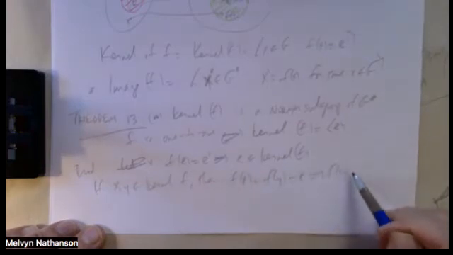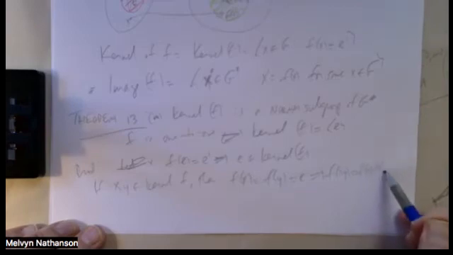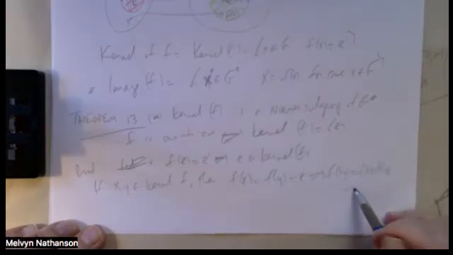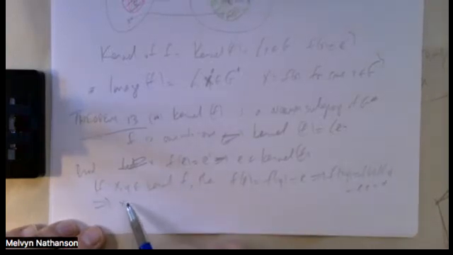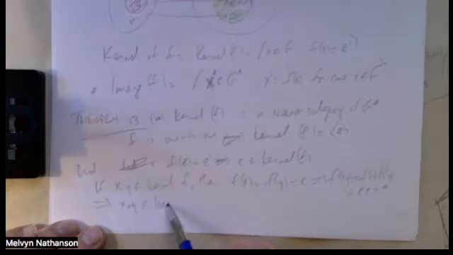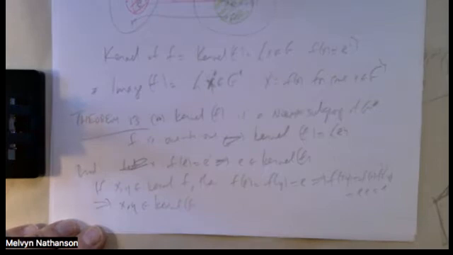So F of XY is F of X times F of Y. That's E times E, which is the identity. So XY is in the kernel of F. So this kernel is closed under multiplication.